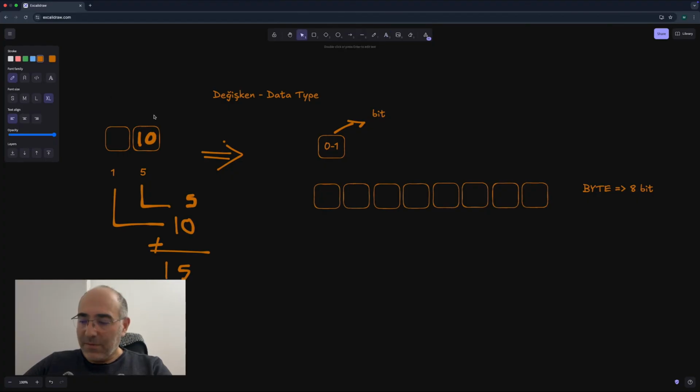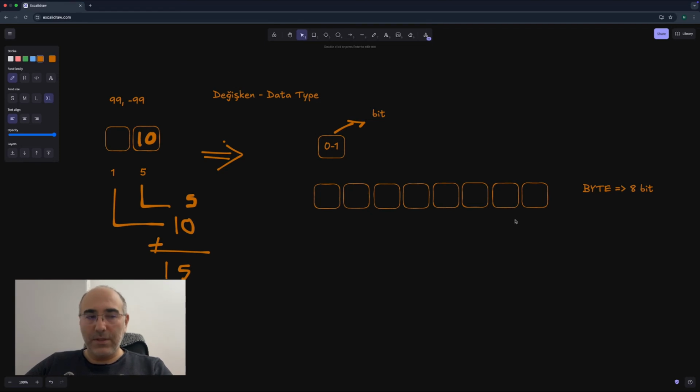In decimal, you can write up to 99. For the minimum, let me put a comma here. You can write negative 99. Can you write 100? You can't. That's the limit. So, what's the maximum you can write in this one? What's the maximum you can write in this data?